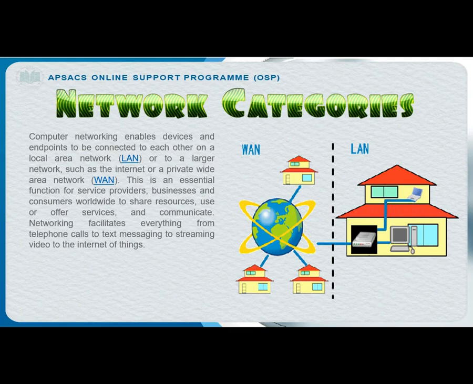A LAN interconnects computers that are in a small area such as a home, office or school, and the WAN covers a broader area that may exceed a country's borders. For example, the internet is a type of WAN.